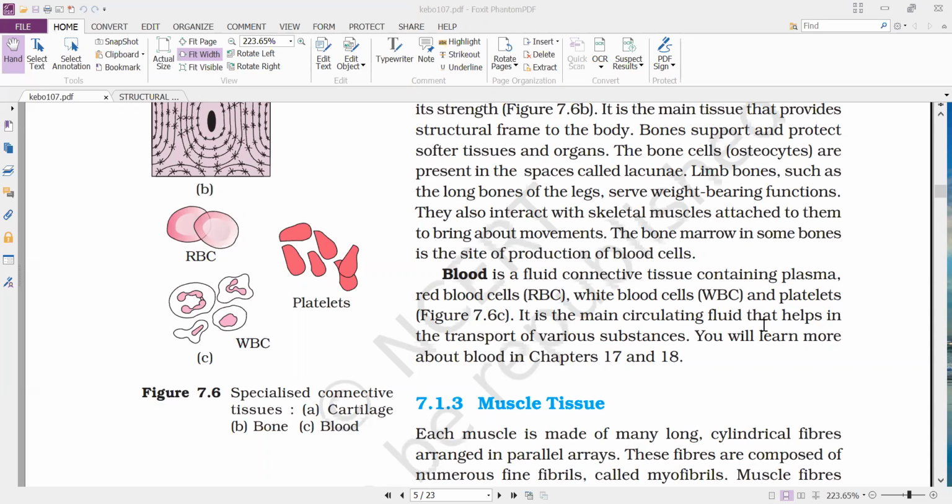We will discuss blood in detail while discussing body fluids and circulation. That is about the different types of connective tissues present in vertebrates, including humans.